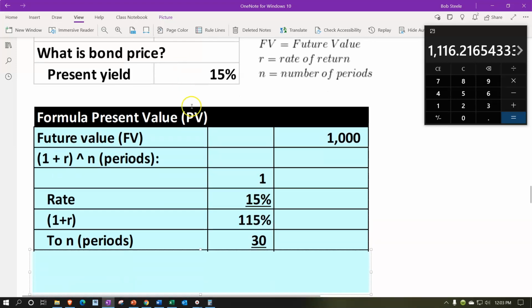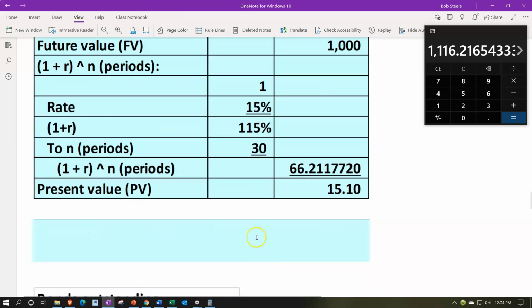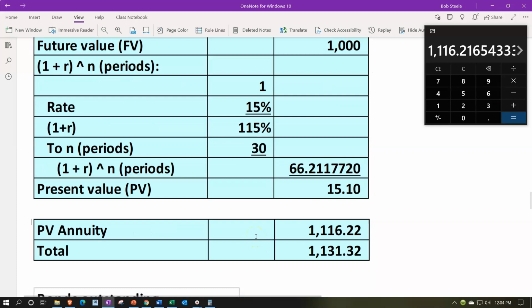So 1.15 to the power of 30 gives us 66.211772. Then we can take the numerator over the denominator, and that would give us the 15.10.